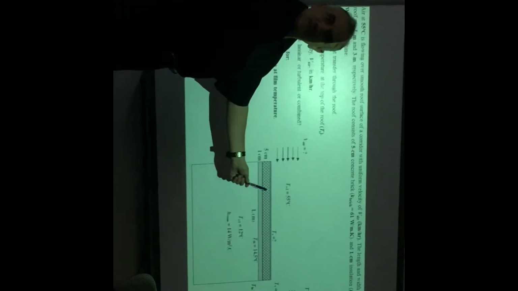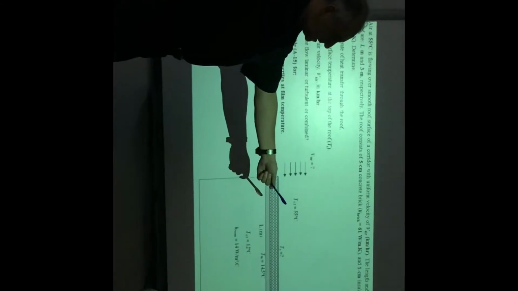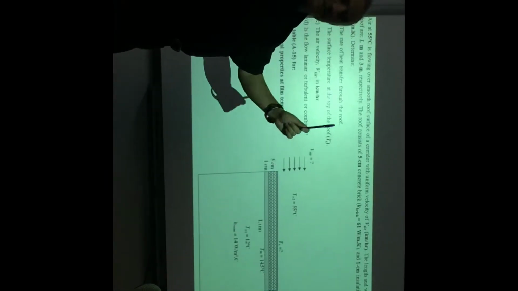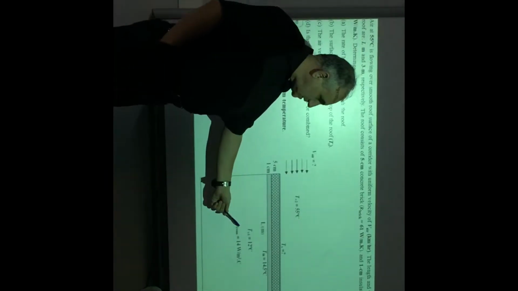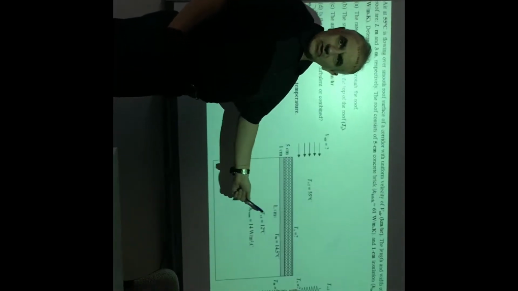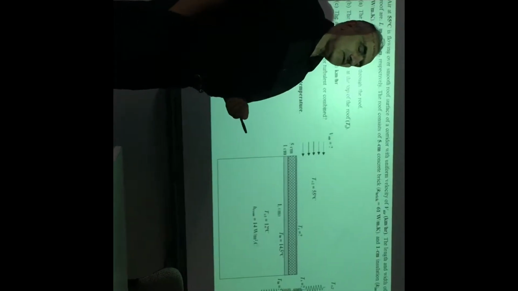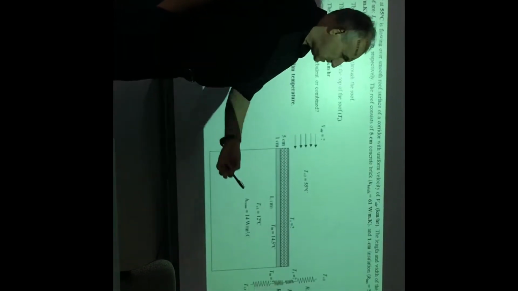Using the resistance, we have, as you see, two conduction and two convection: convection from inside, convection from outside, and between them two conductions. When you want to calculate the rate of heat transfer using the resistance, you need to calculate the resistance first.